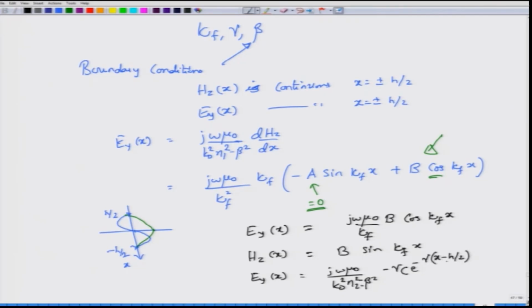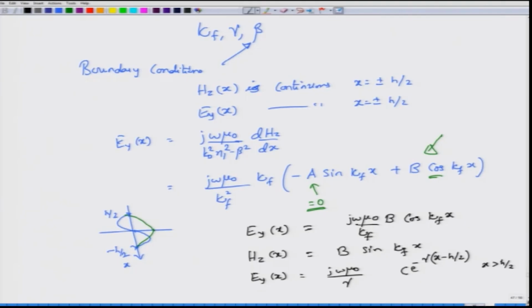When you differentiate this, you pull this minus gamma out, so this would be minus gamma c e to the power minus gamma x minus h by 2. And k0 square n2 square minus beta square is basically minus gamma square. So, there is a minus sign on both sides, I can remove them, and instead of writing k0 square n2 square minus beta square, I can just write gamma. This is when x is greater than h by 2.